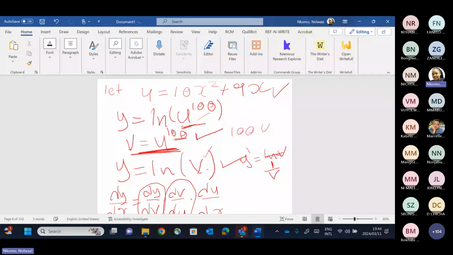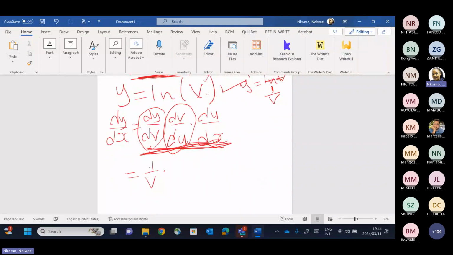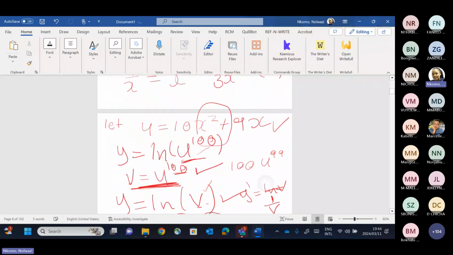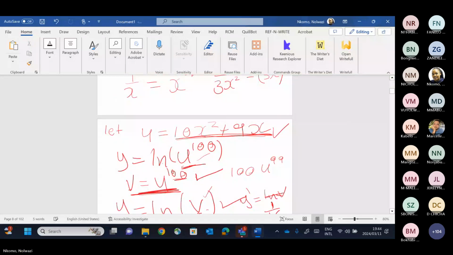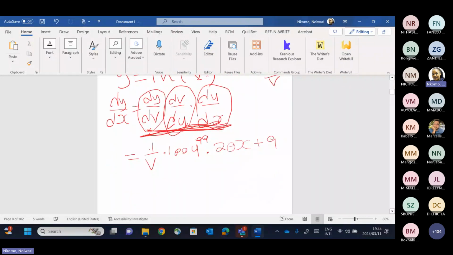So this means it's times 100 u to the power 99 times du over dx. du over dx, if you differentiate this with respect to x, you have 20x plus 9, right? Yes. Okay. This is the answer after substituting this derivative, this derivative, and this derivative.